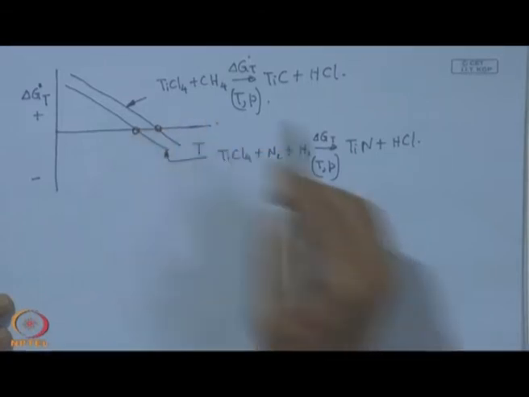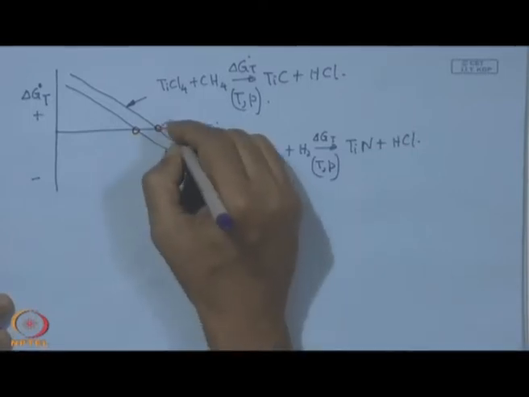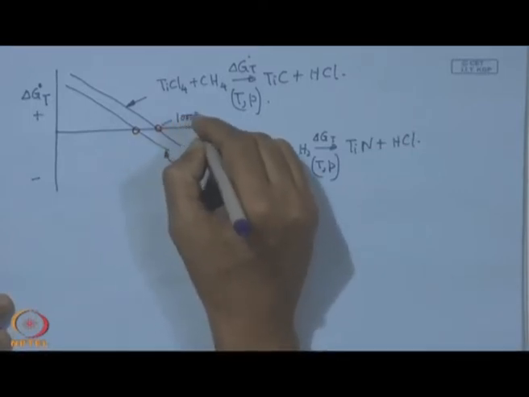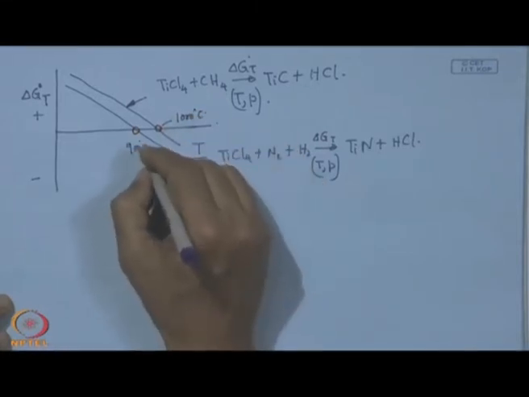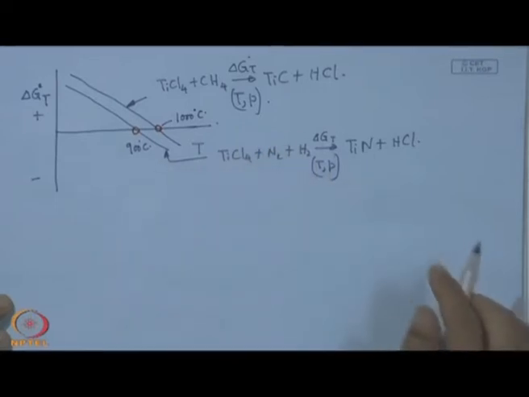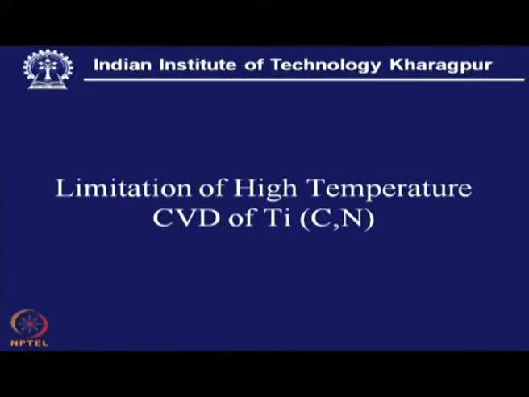From our experience we know that if we like to conduct the classical CVD of TiC and TiN, this temperature is around 1000 degree and this is around 900 degree centigrade. Now, this 900 and 1000, that is exactly what we understand as the limitation of high temperature CVD.